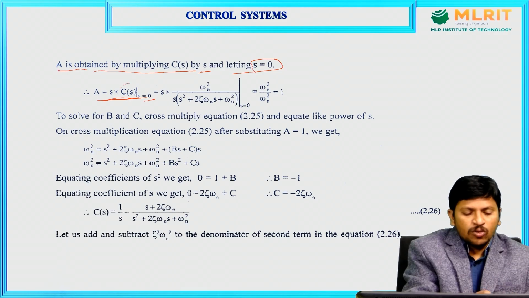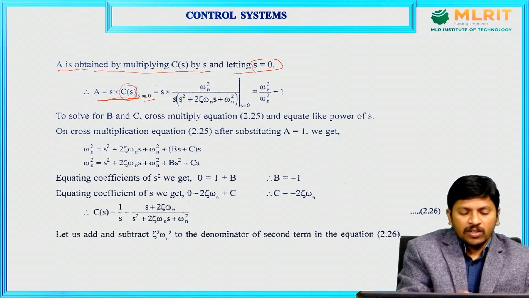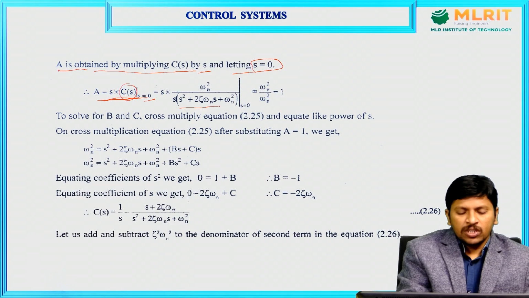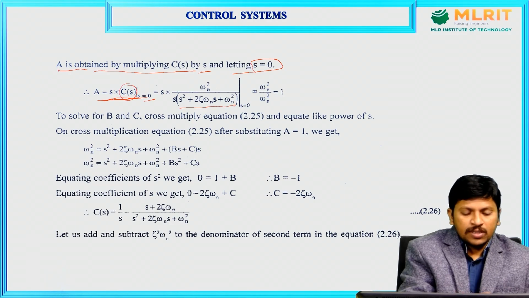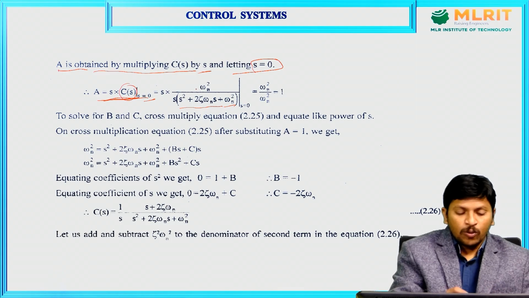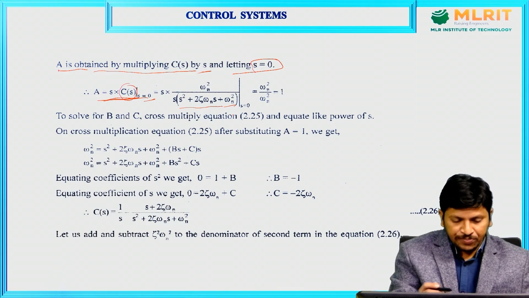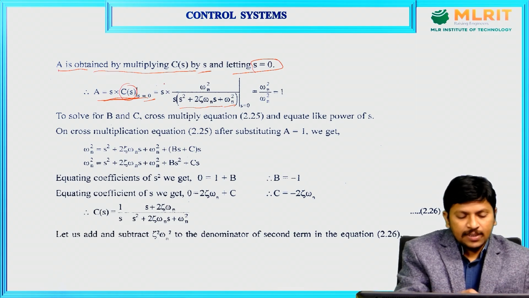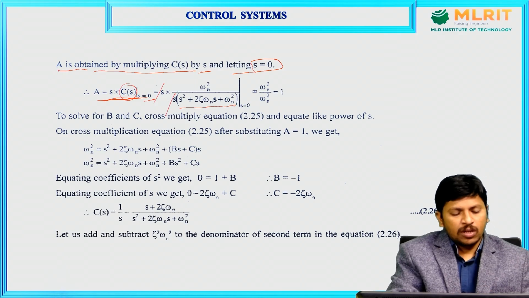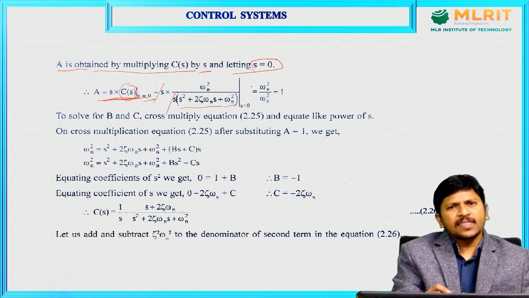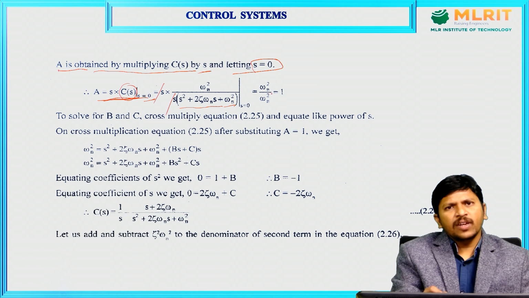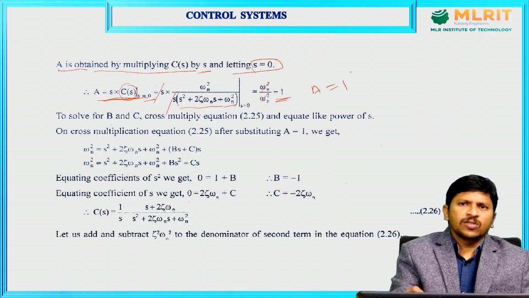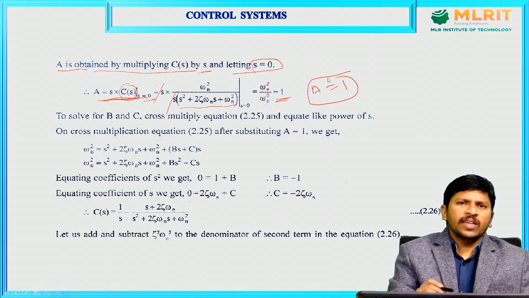We know that C(s) equals ωn² divided by s times (s² + 2ζωn s + ωn²). Here s is multiplied with C(s), so this s and the s in the denominator get cancelled. Next, ωn² divided by ωn² also cancels, so the value A equals 1.